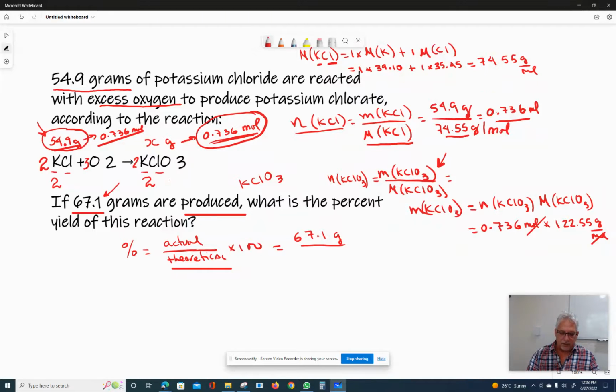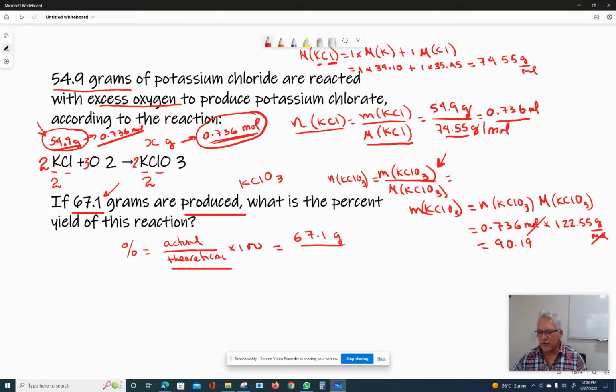Oops, I need to recalculate that. Okay, let's do that. 0.736 times 122.55. I just mistyped the number on the calculator, and that's why I get 90.19 gram.